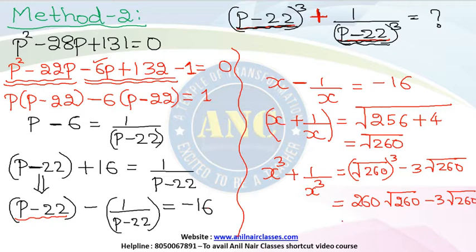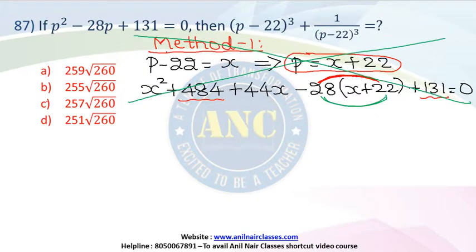So if I take root 260 common, 260 minus 3 is 257. So final answer for this question is 257 times root 260, which is nothing but option C.